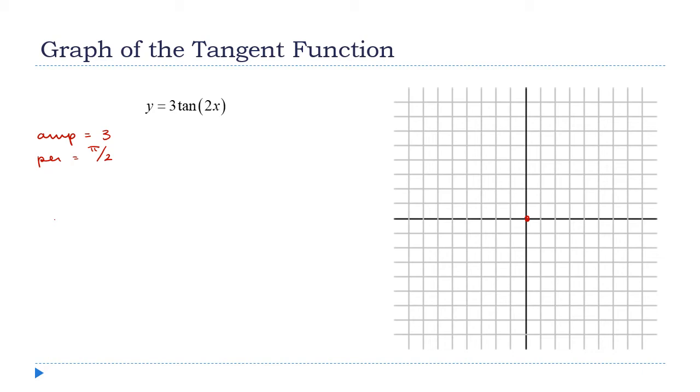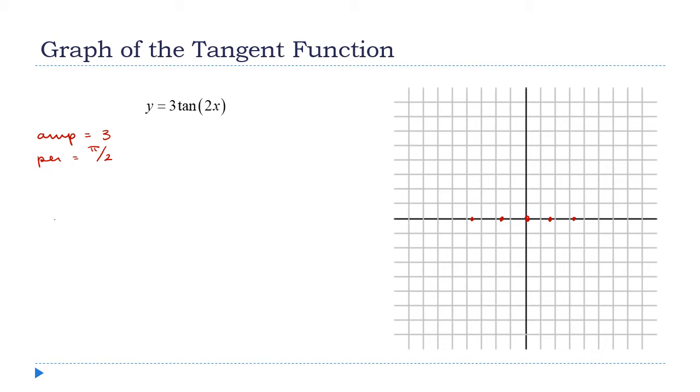Now, these x-intercepts, they repeat every period. So if I go over pi over 2, right, I get another one. And if I go over pi over 2 again, if I go over to pi, I get a third. And if I go in the other direction, if I go to negative pi over 2 and negative pi, I get intercepts.